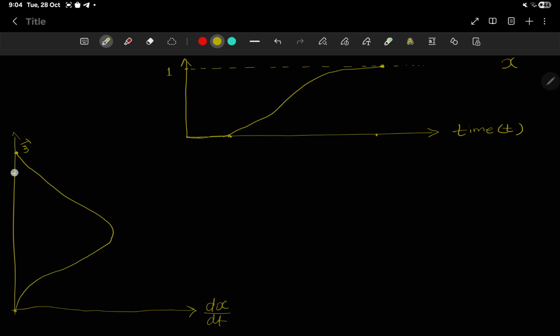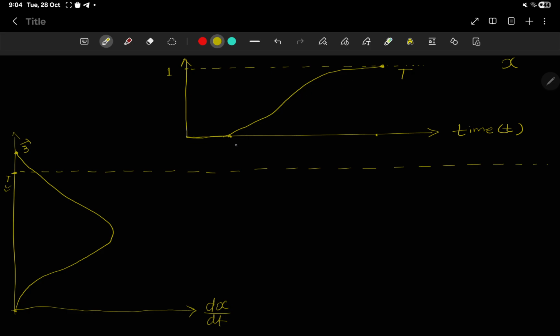Now let's take some temperature level T and draw one horizontal line. We will get it like this, and for the same temperature we have drawn this S curve.